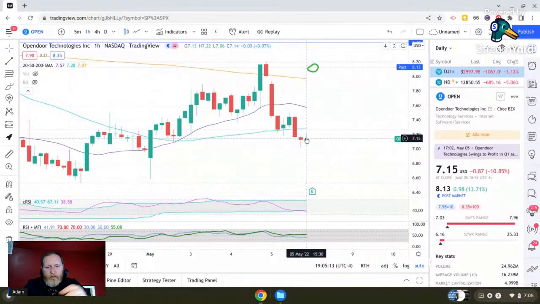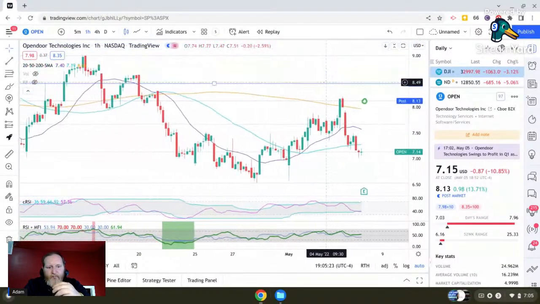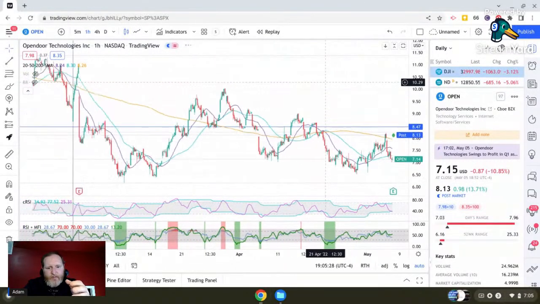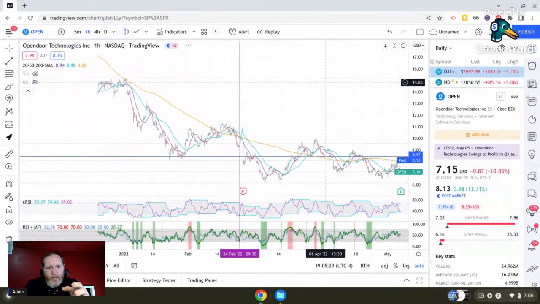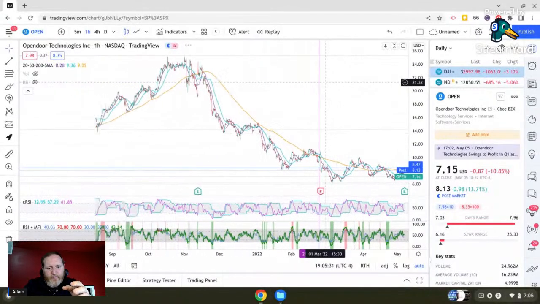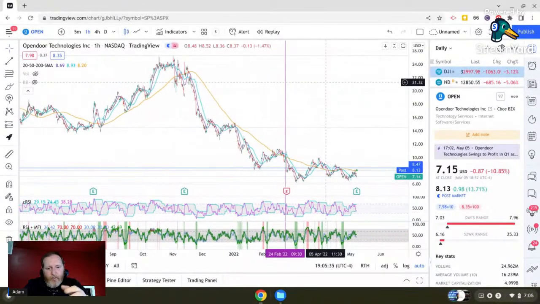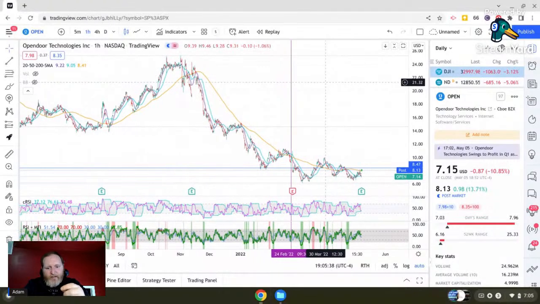Down here, up 13.7%. Nice rebound, nice jump. And if we scroll out here, this is the hourly chart, so there's going to be a lot more candles on here. You can see the company has been in decline for several quarters. And it finally had a good one.